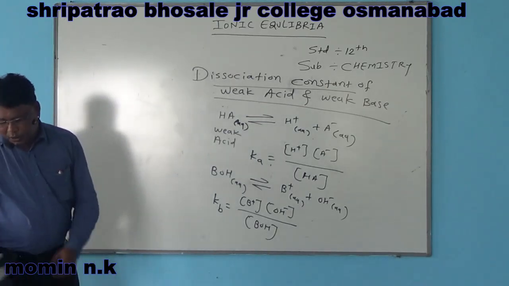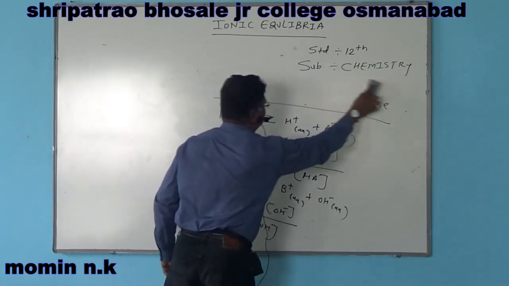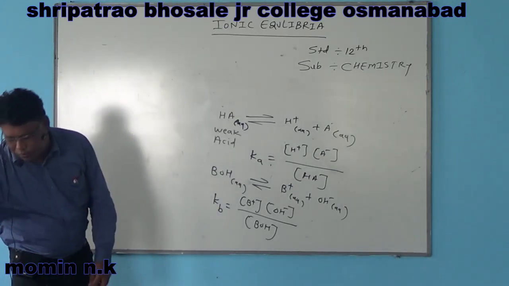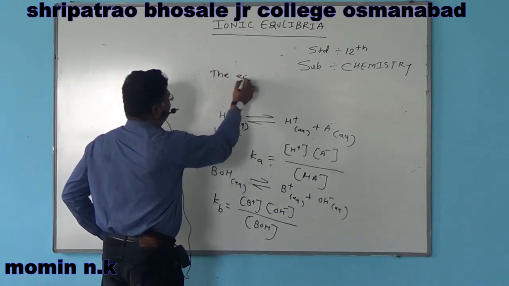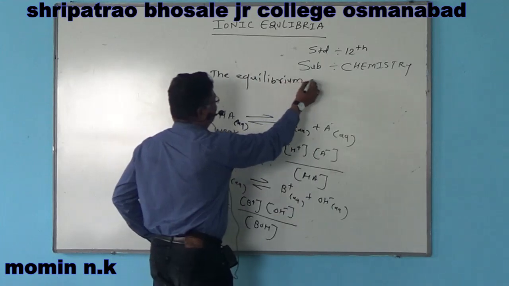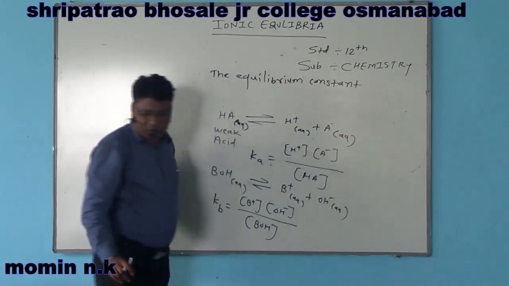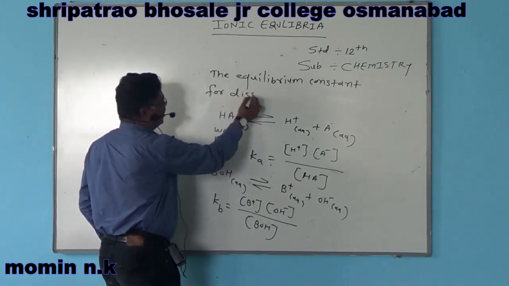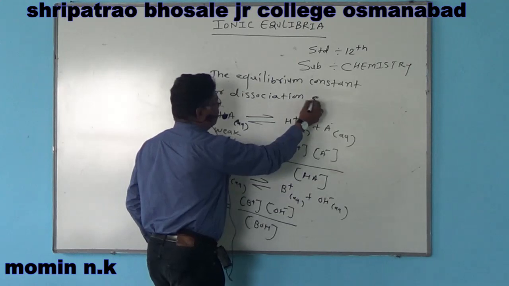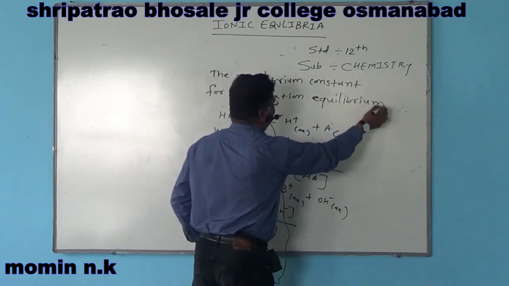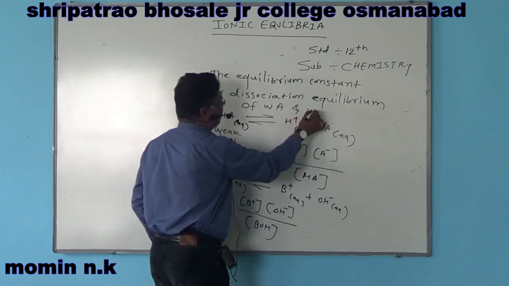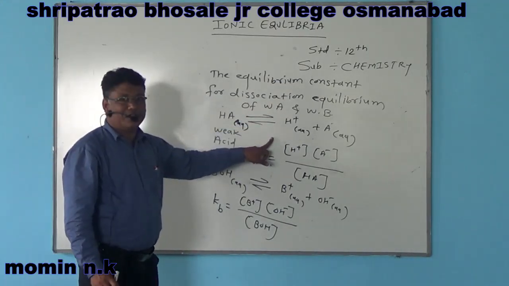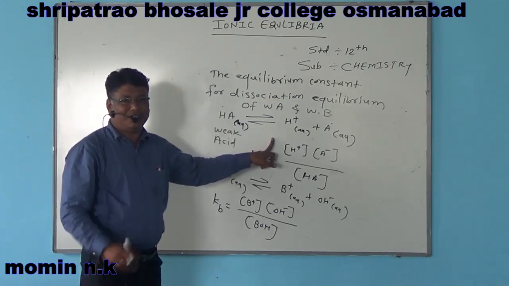So here we can define it: the equilibrium constant for the dissociation equilibrium of a weak acid and weak base is called the dissociation constant of that weak acid and weak base respectively. Okay, the next point we will study in the next lecture.